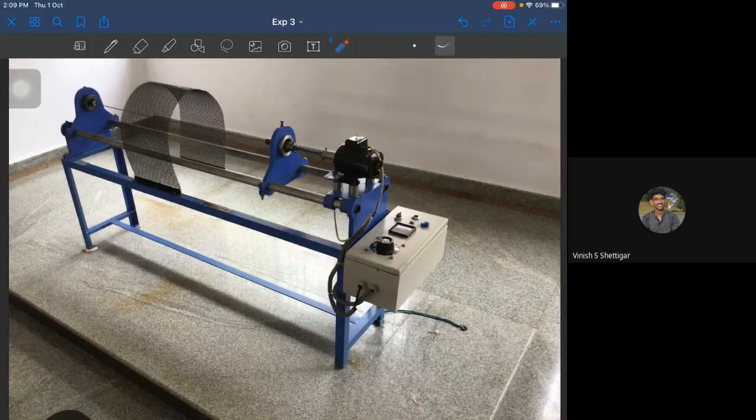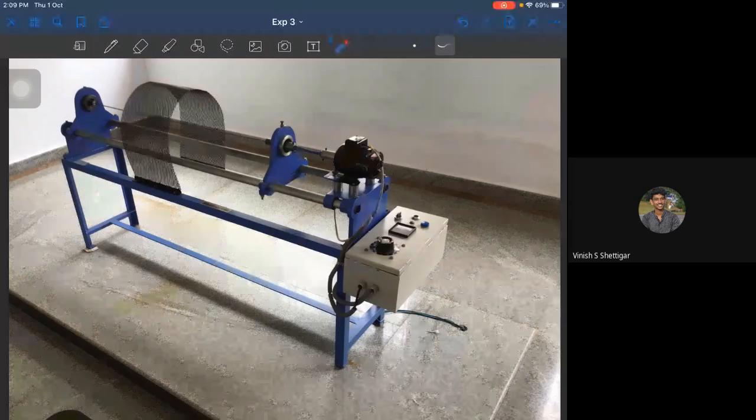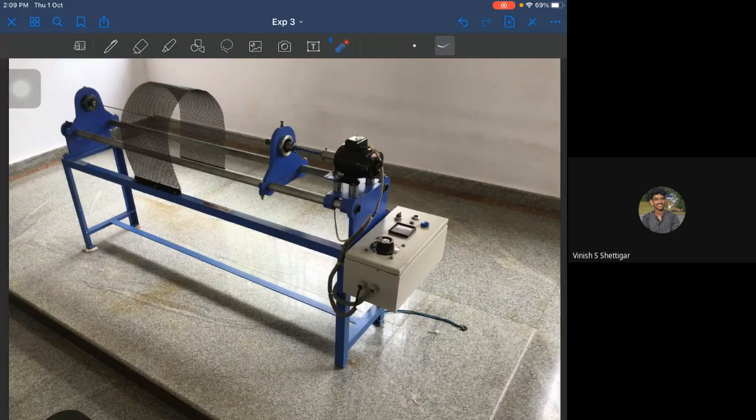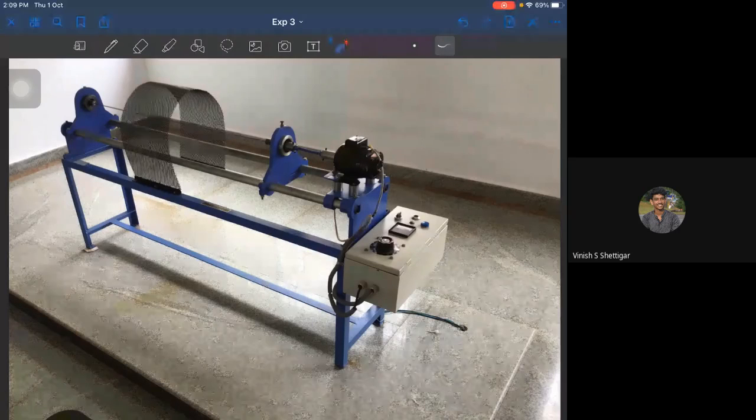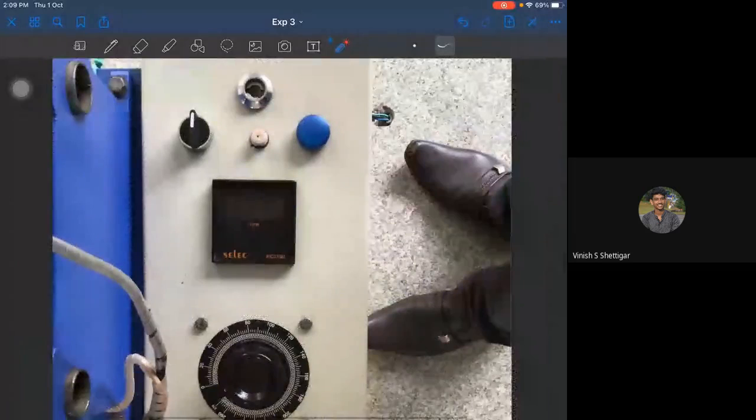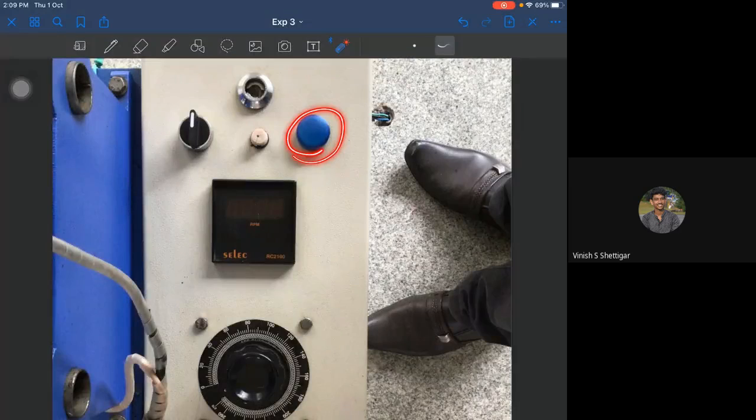Once the required fixture has been set up on the shaft, and the shaft is about to rotate with the help of the motor, you can use this arrangement. This is the on and off key, and you can toggle between on and off here. This is the indicator showing whether the motor is running or not.